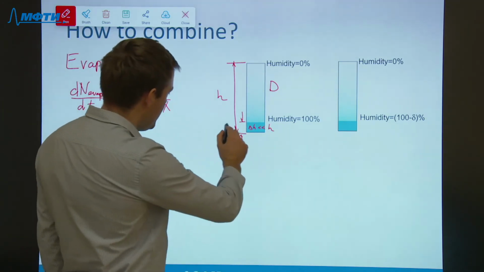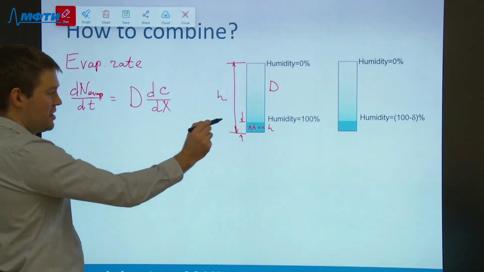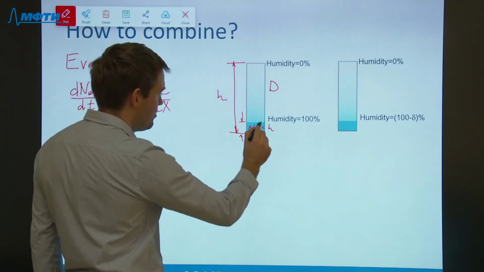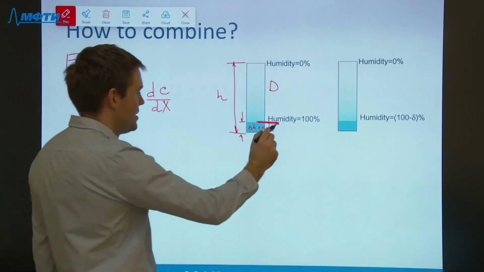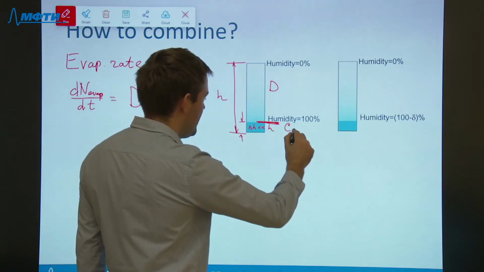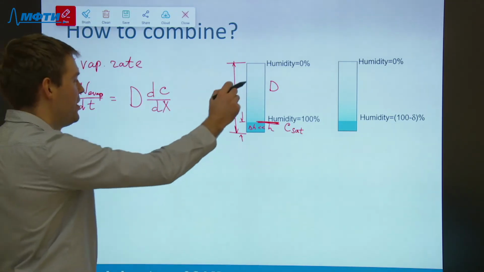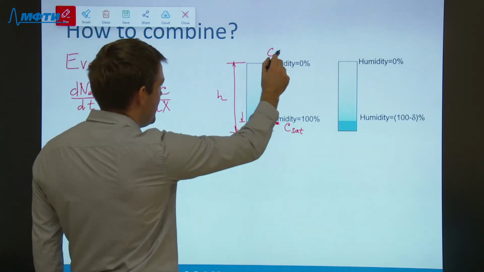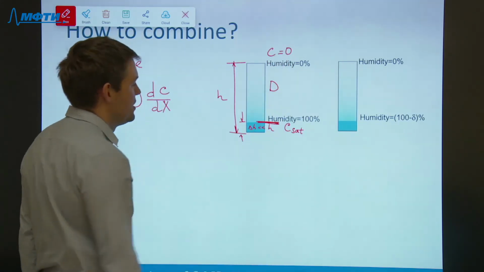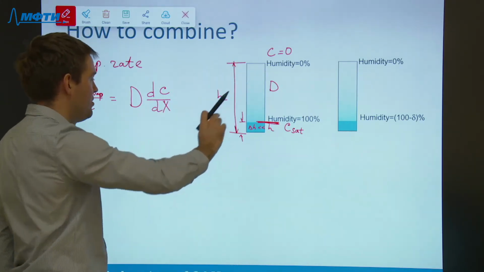And to evaluate this, you can just assume that the vapor at the water surface is saturated, so the density is equal to the density of saturated vapor, and at the top surface the density is equal to 0 at the upper end of the glass.